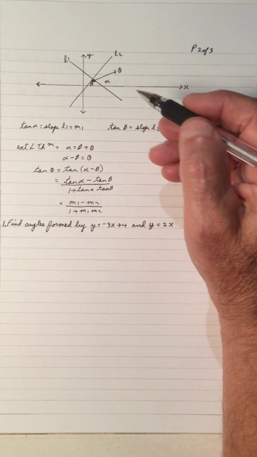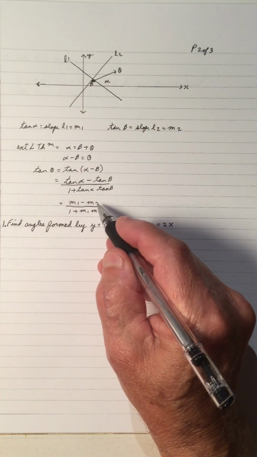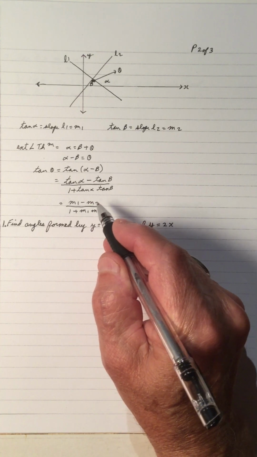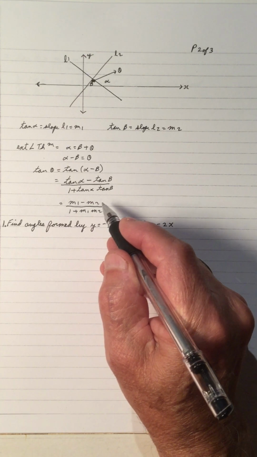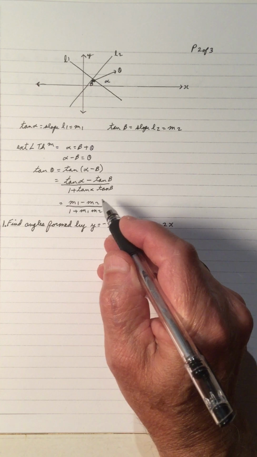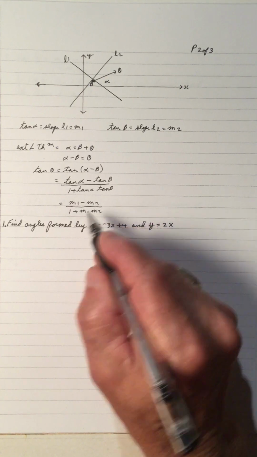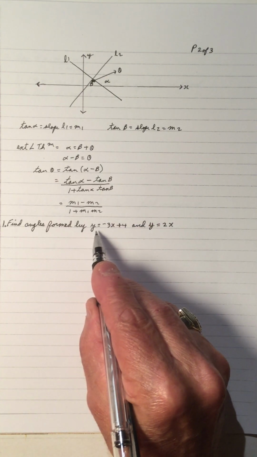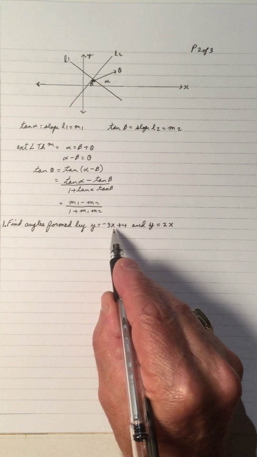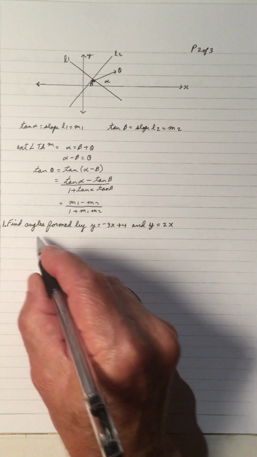So let's do a few problems related to this slope formula. Again, slope is related to the tangent. The tan of the angle is equal to the slope of the line. Find the angle formed by these two lines, y equals negative 3x plus 4 and y equals 2x.